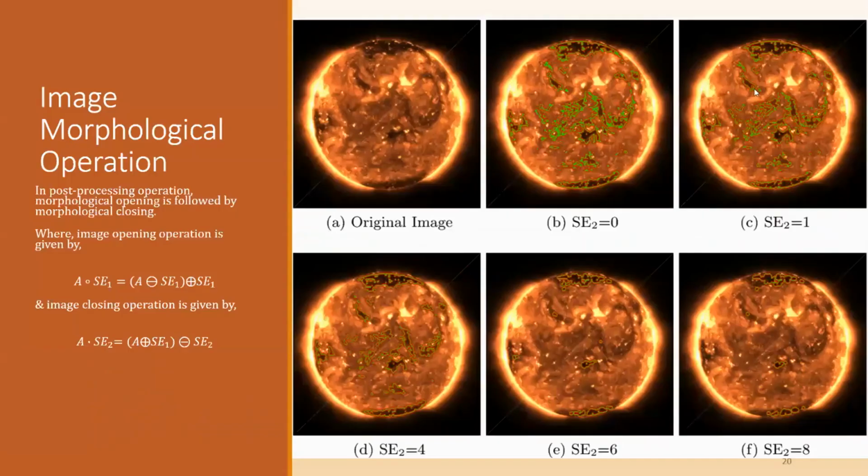So these are some final results, and some unwanted or redundant regions have also been detected as coronal hole region, but that is not our region of interest. So we use some filter like image morphological operation to filter out these redundant regions and keep the region of interest in the images. And these are the coronal holes which have been detected.